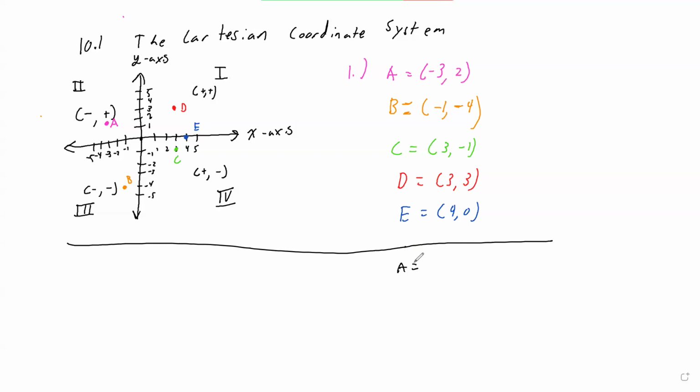But I want you to graph -3, -1, -2 comma 0, 0 comma 2, 3 comma 1, 4 comma -3. I'll give you a second to graph those.